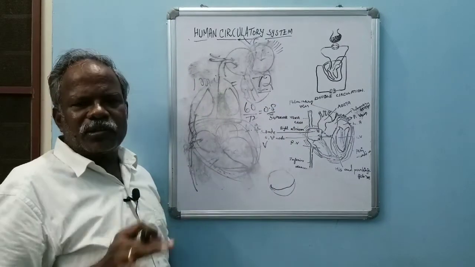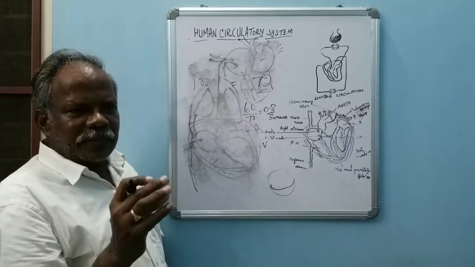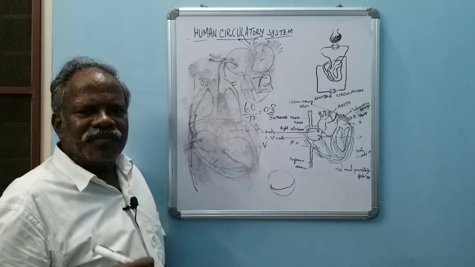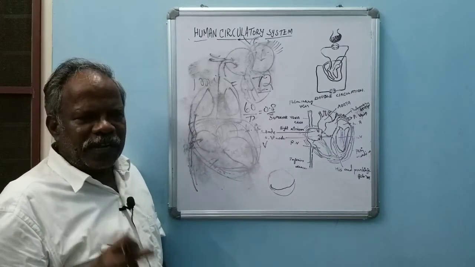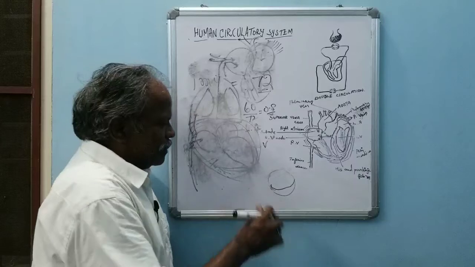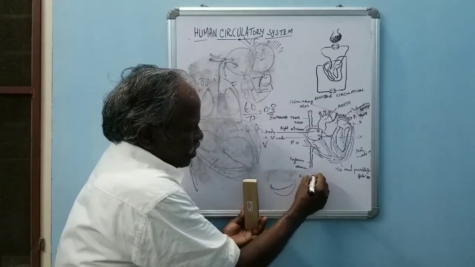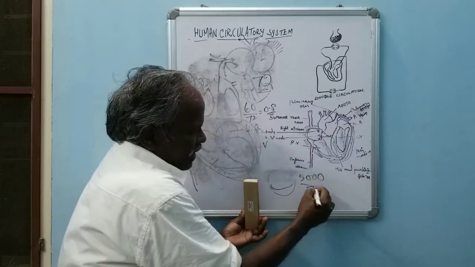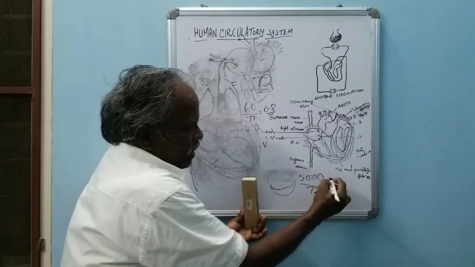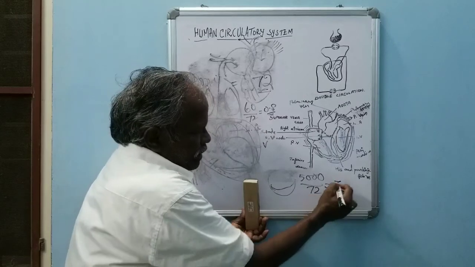Another thing we have to understand is that per minute the pumping quantum of blood is 5 liters. So per beat the pumping of blood is 5 liters divided by 72, which is approximately 70 ml.